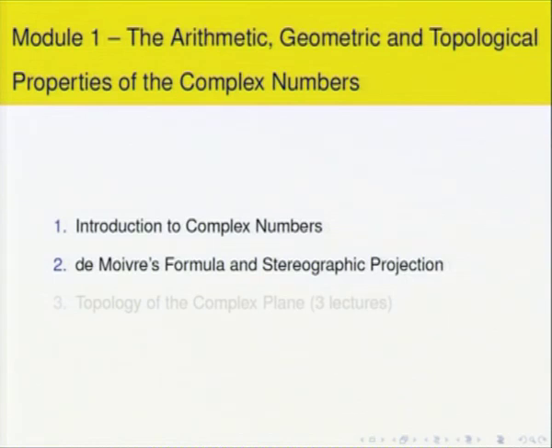Okay. And then in the next lecture, module 1 lecture 2, we continue with the triangle inequality, which is one of the properties which is related to modulus. Okay. And then we talk about the geometry of addition and multiplication, okay, in the complex plane.